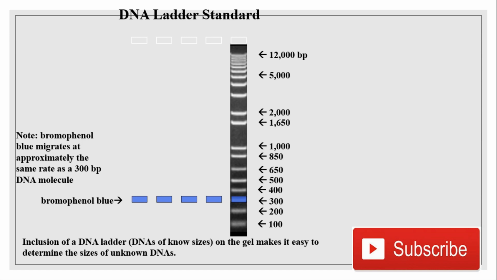So inclusion of a DNA ladder on the gel makes it easy to determine the size of unknown DNA. The very last or the faint band that will appear is the bromophenol blue, which migrates at approximately the same rate as a 300 base pair DNA molecule.